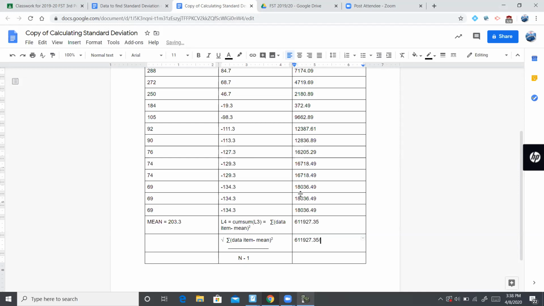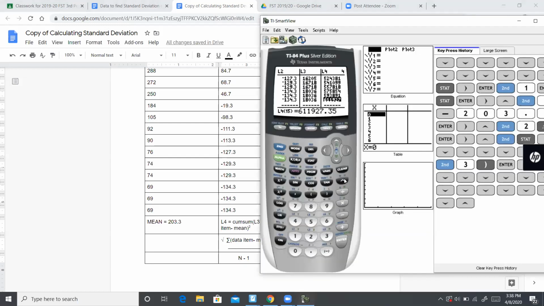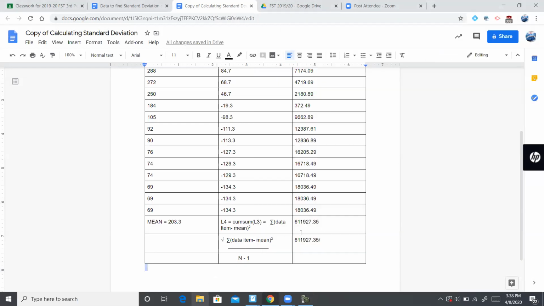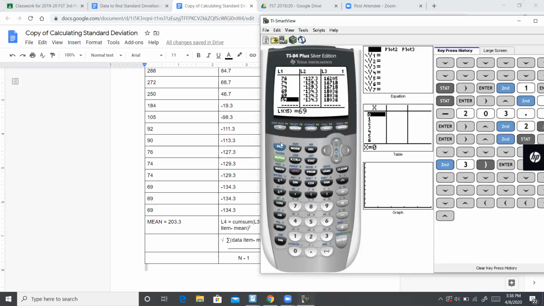the number of data items we have minus 1, which I believe is 15. I guess it's 15 data items that we have here. So what we're going to do is go 15 minus 1, which is obviously 14. So we're going to take this number, second quit right there.